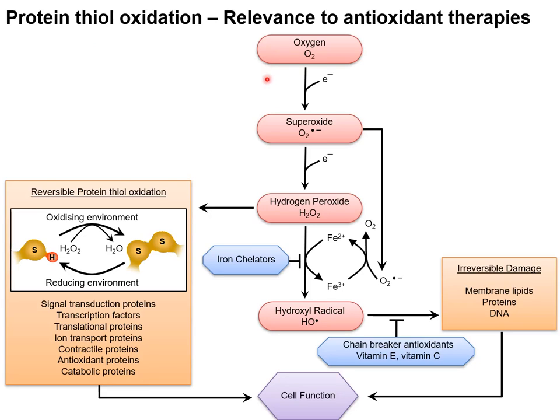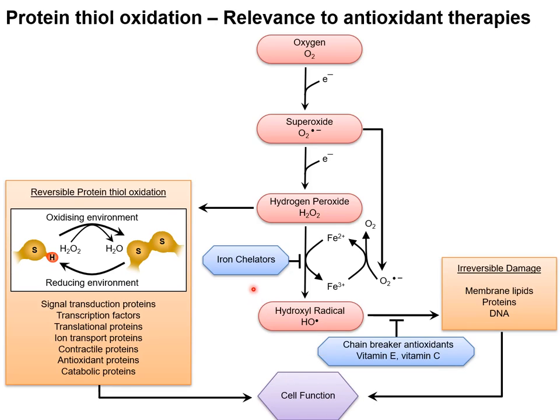So here we have oxygen picking up an electron, superoxide, so generation either deliberately or inadvertently. We have the formation of hydrogen peroxide. Then with the Fenton reaction, we have the potential for the formation of hydroxyl radicals. And those hydroxyl radicals can then cause irreversible damage to macromolecules, and if it's severe enough, we can affect cell function or cause cell death.